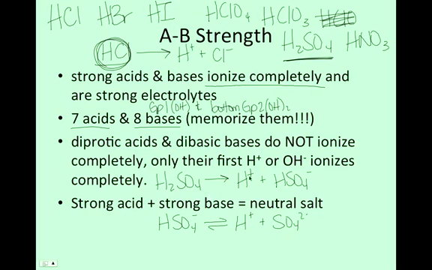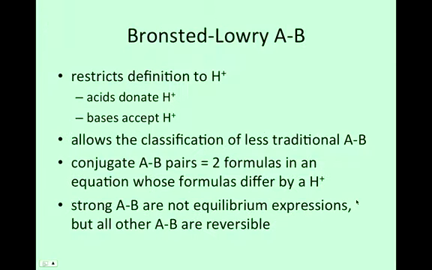This is the reaction that makes sulfuric acid strong. This is just a weak acidic reaction. And just for future reference, if you have a strong acid reacting with a strong base, you are going to make a neutral salt and water.